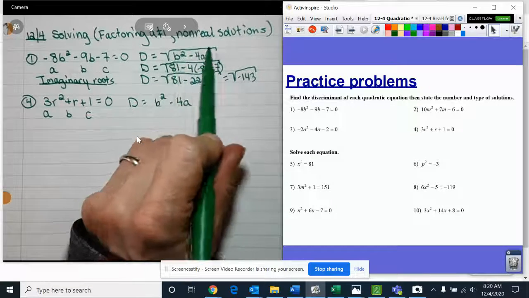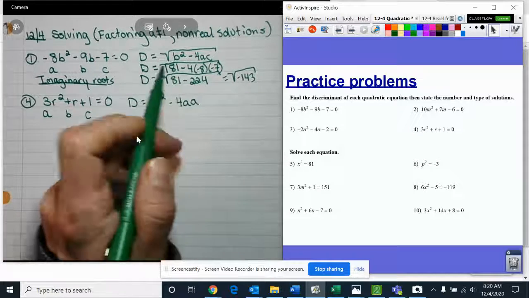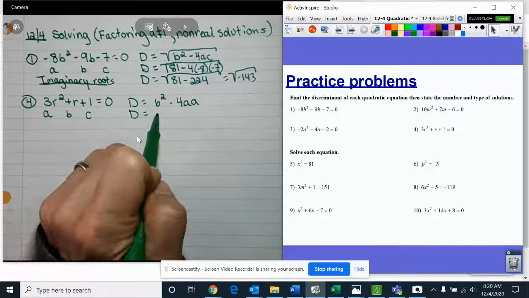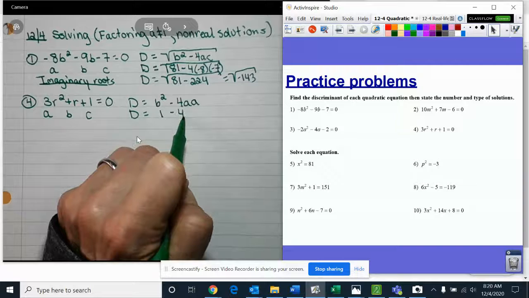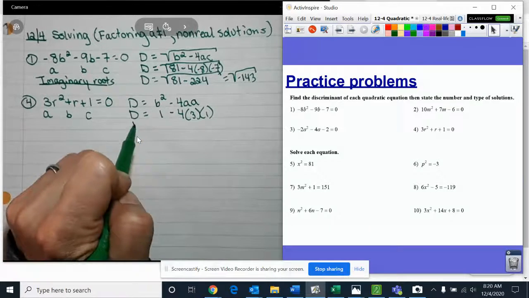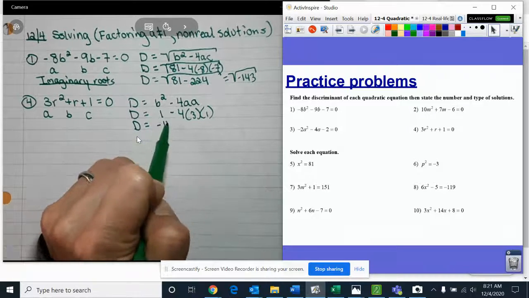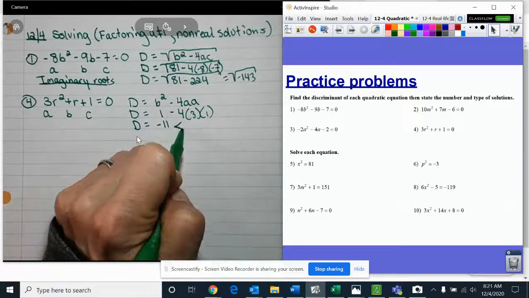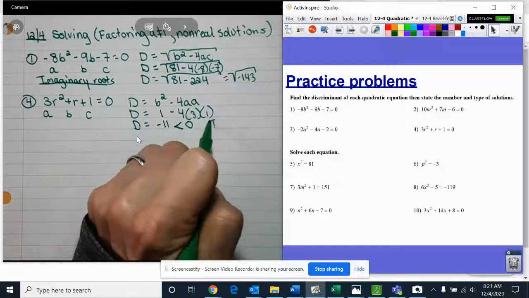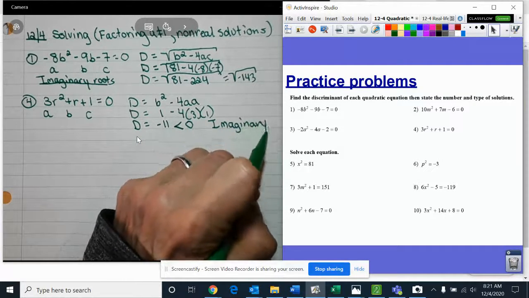So this notation was actually not needed. But when we look at this calculation, here we see 1 subtract 4 times 3 times 1. And we get, this would be negative 12, so negative 11. So again, this is less than 0, so we have imaginary roots.